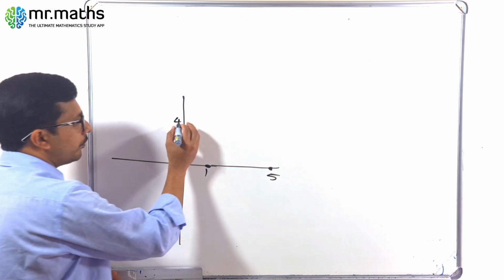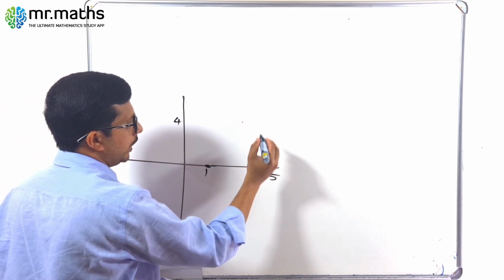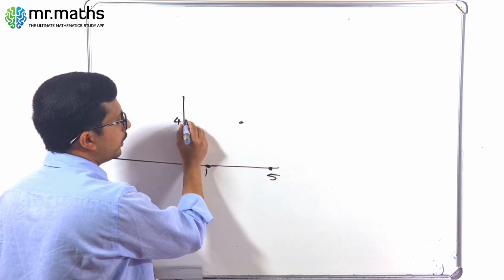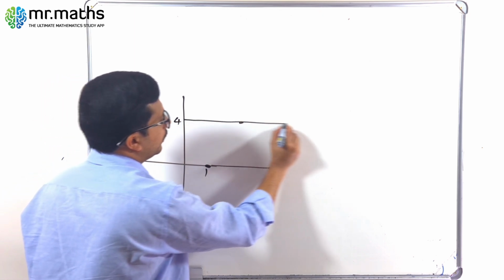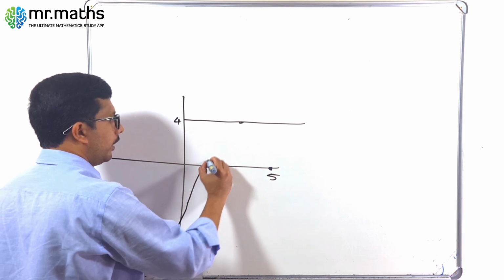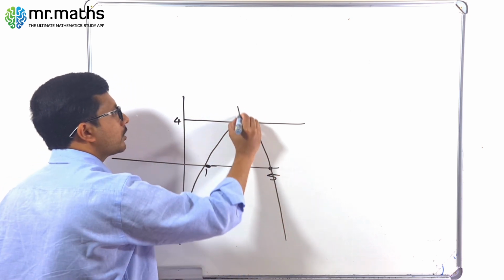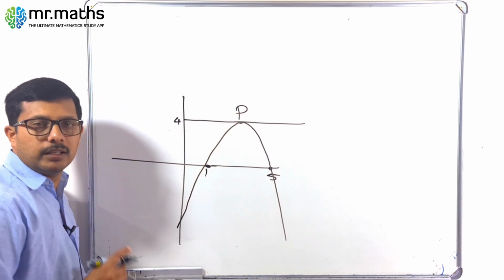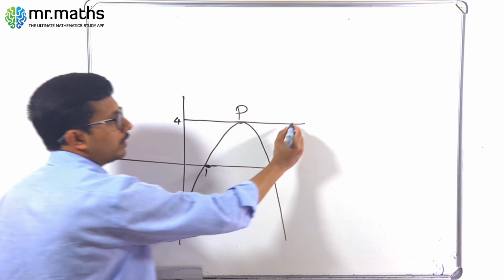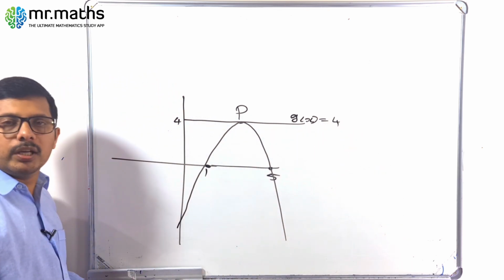So this g of x is equal to 4 is a tangent at the turning point. So it means that there is a line like this, and now we got an idea. And they are saying that that one is the tangent. This is the point P. So this is g of x, this is g of x is equal to 4. Am I right? y is equal to 4.